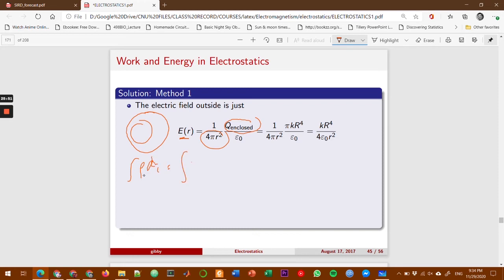So we have kr times 4 pi r squared dr, from 0 to R. Right? So you have k times 4 pi and then your r to the 4th over 4 from 0 to R. So this becomes k R cubed. K R to the 4th, I mean.